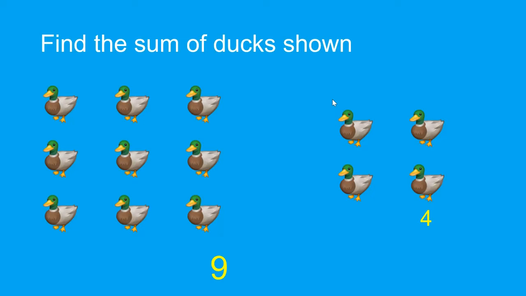So when we want to find their sum, we write 9 plus 4 equals, to find the total number of ducks, let's count all the ducks. So 1, 2, 3, 4, 5, 6, 7, 8, 9, 10, 11, 12, 13. There are 13 ducks in total. So our math sentence is 9 plus 4 equals 13.